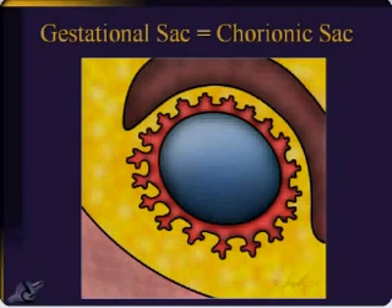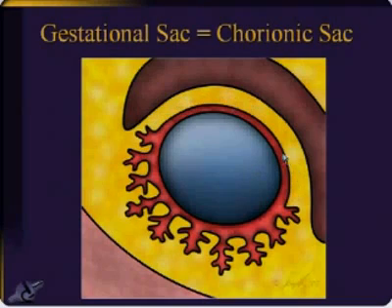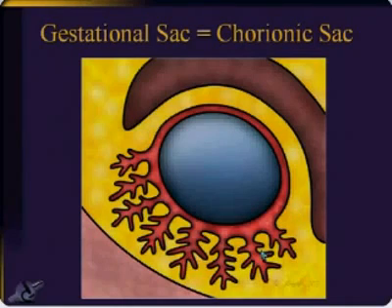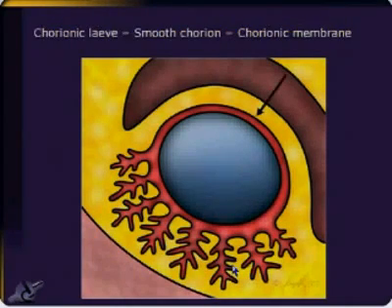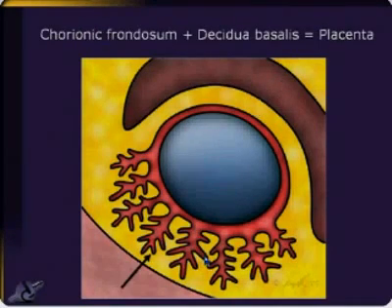So the chorion belongs to the developing embryo. And this sac is lined with these little fronds here. And what happens is they start to regress in the area of poor vascularity, and they start to grow these little fronds down into the area of good vascularity, and now we have left this smooth area of chorion, which we call the chorionic membrane, can also be called the chorionic laeve, and we have this frond-like chorion at the bottom, the chorionic frondosum.